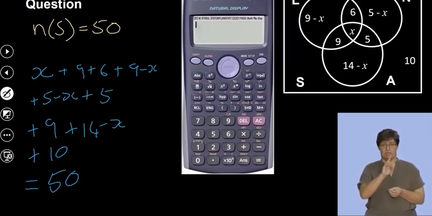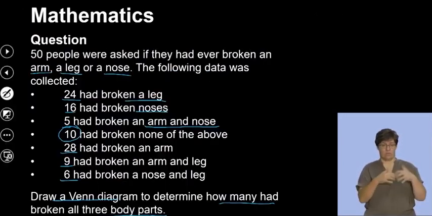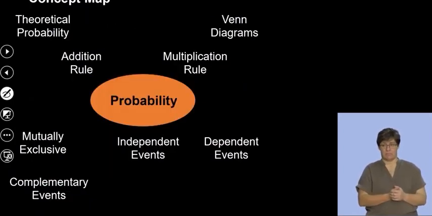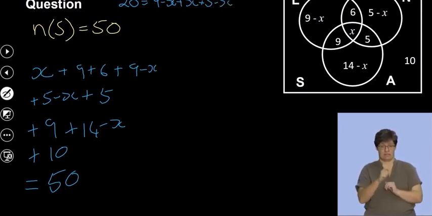So I'm going to say I recognize I can make an equation that says the following: 20 is equal to 9 minus x plus 5 minus x plus 14 minus x.